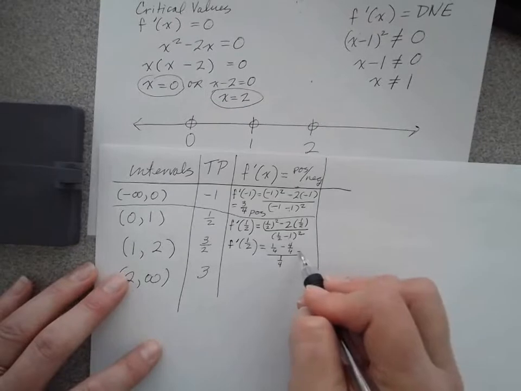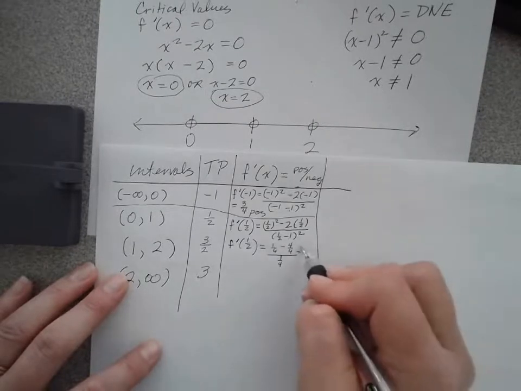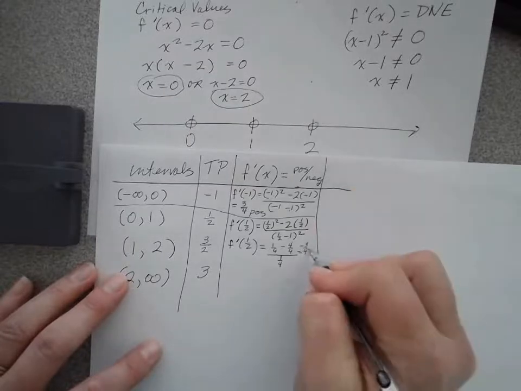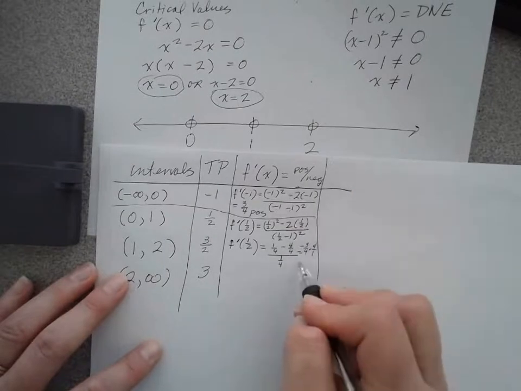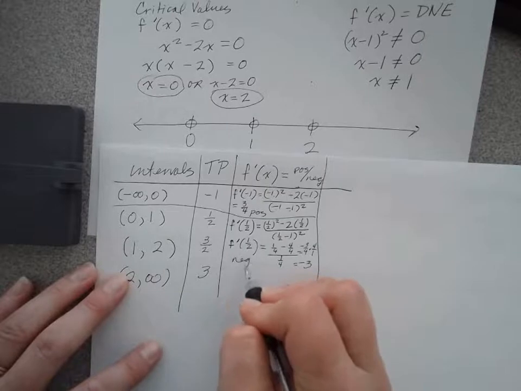Okay, so in the numerator, 1/4 minus 4/4 is negative 3/4. And then flip and multiply the denominator, 4 over 1. So we get negative 3. So that is negative.